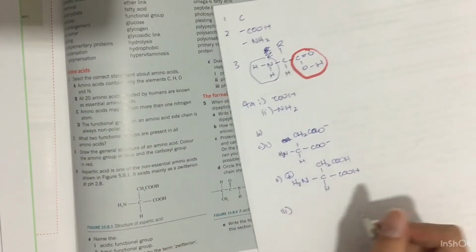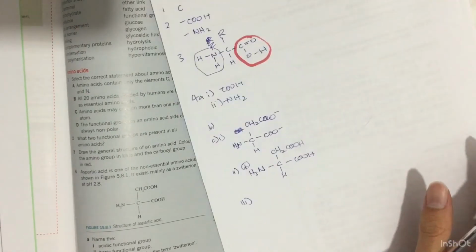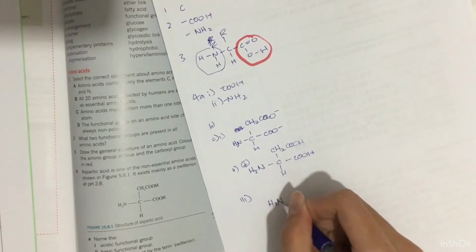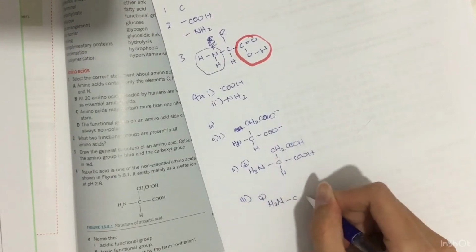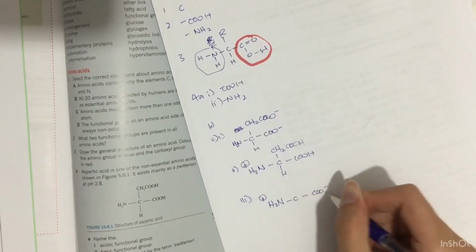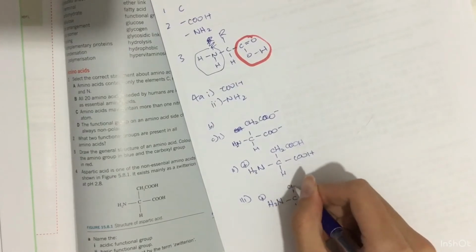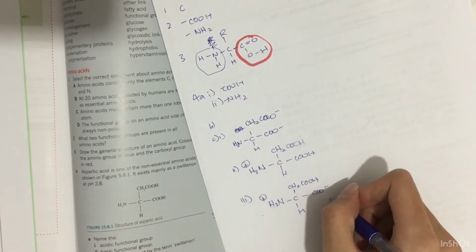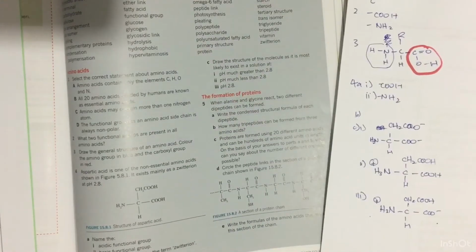And finally, at 2.8, which is where it's a zwitterion, would be that's the one ion, that's the other ion, 2 ions, 1, 2. Okay, what's next?